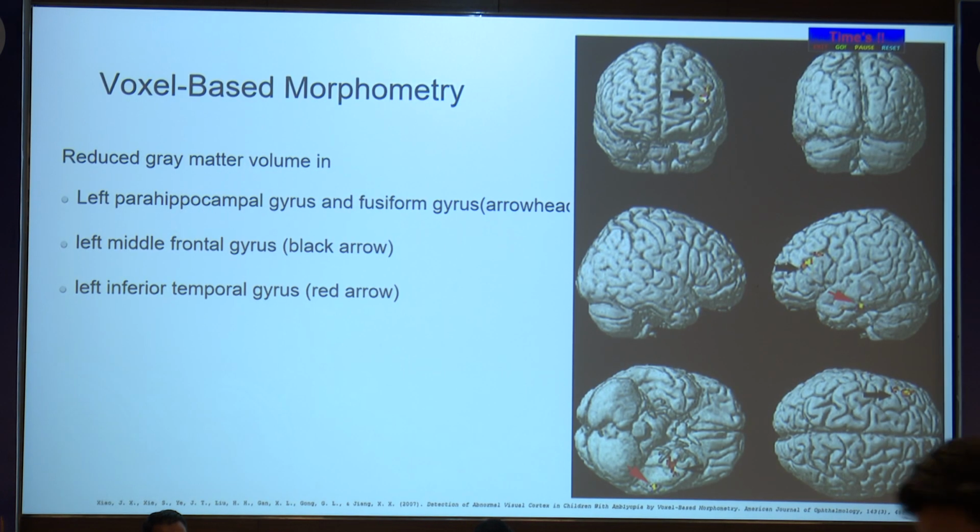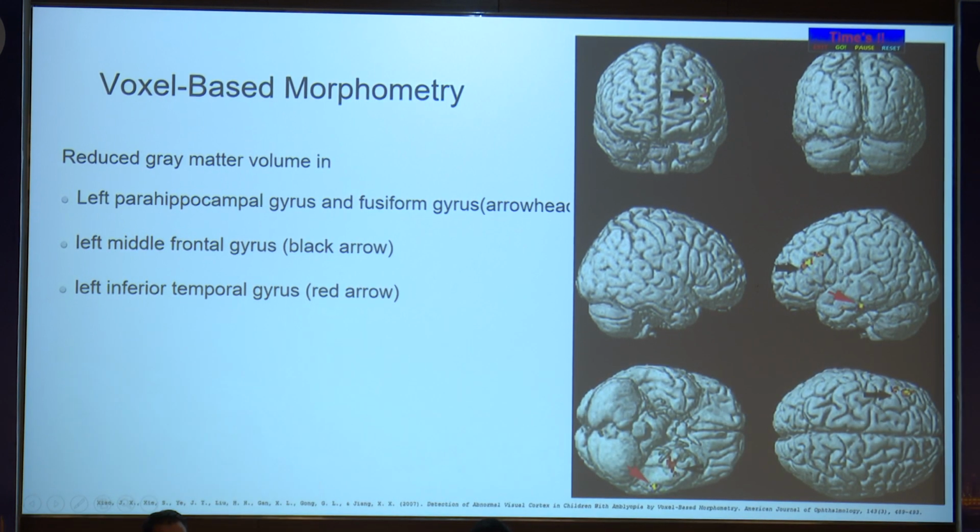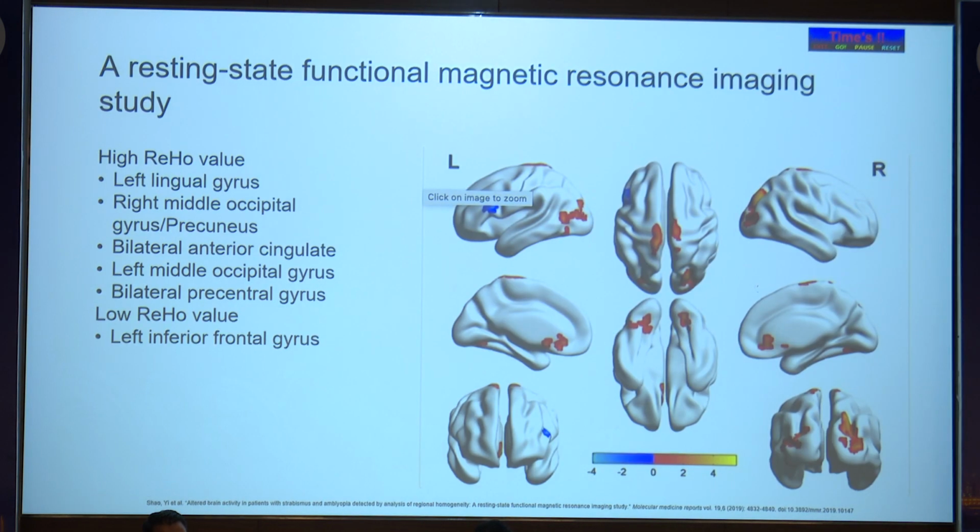This is voxel based morphometry, where they have seen that not only the lateral geniculate nucleus and primary visual cortex area, but also the parahippocampal gyrus, fusiform gyrus, middle frontal gyrus and inferior temporal gyrus have a reduction in gray matter volume.